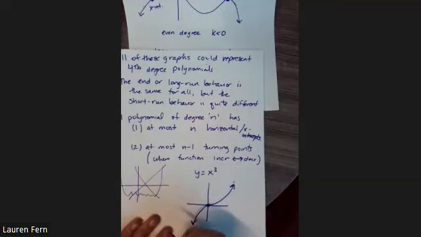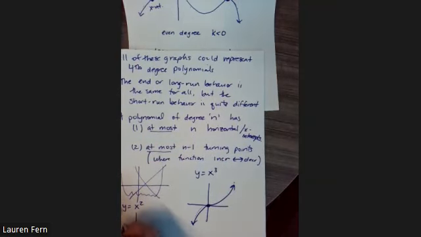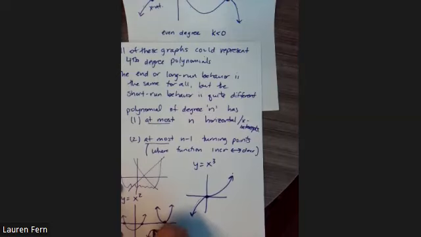So for example, if we look at y equals x squared, what we're saying is we can have at most 2 intercepts. That's the most we can have. And here's an example with 2 intercepts. Here's an example where we just have 1 intercept. And I could also have a graph down here that has no intercepts.